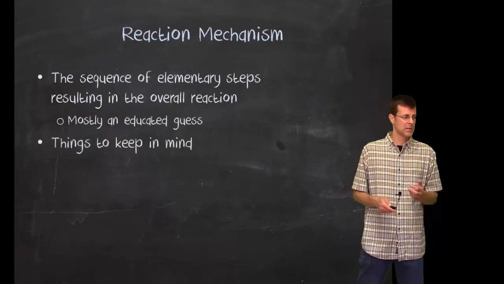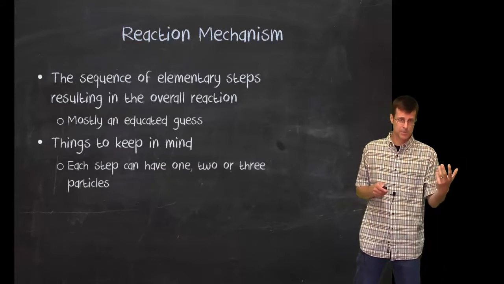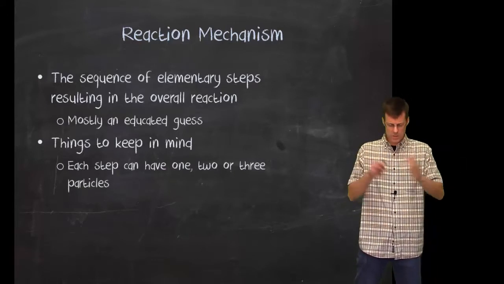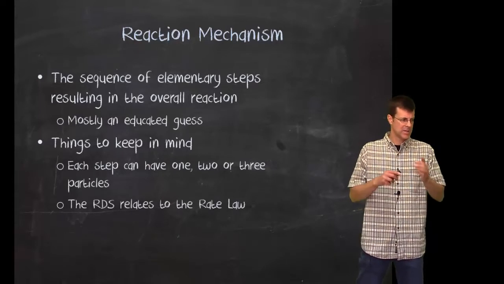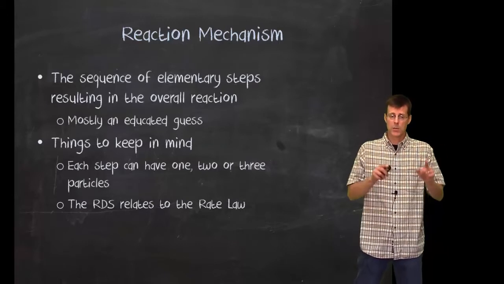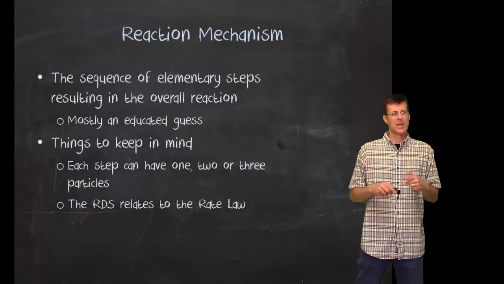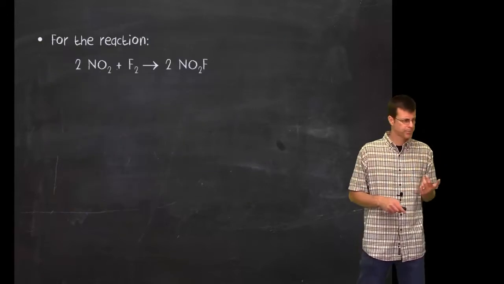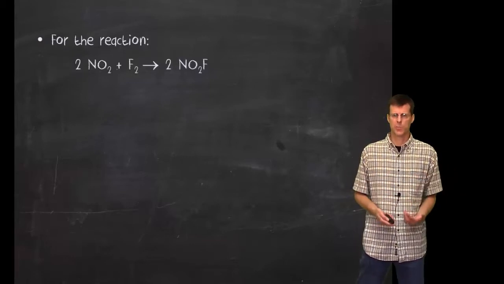That involves making sure that we limit each step to 1 or 2 molecules colliding at a time. And the second thing is that if we know our rate law, we can use that to pick out our rate determining step. And then I suppose there's a few other things, but a lot of that's going to come with practice.